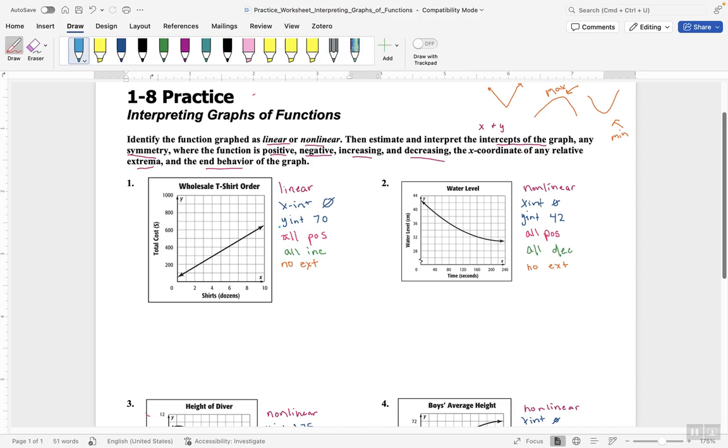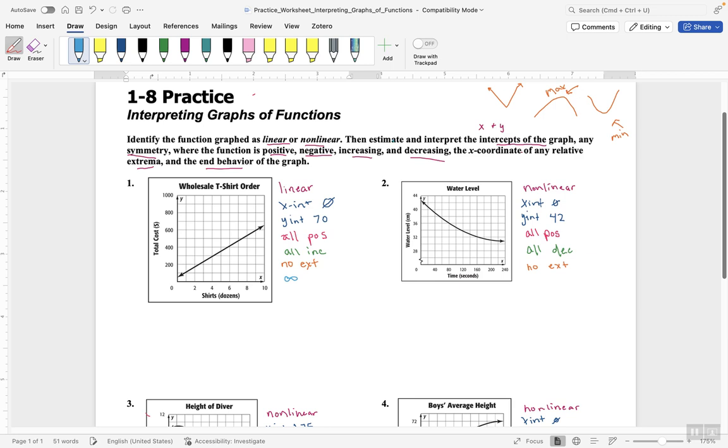That's all we care about in this class, and all we care about is if it's going up or going down. So if this line continued, is it going to go up forever or down forever? It's going to go up forever. So we are going to say the end behavior is positive infinity, because if it were to keep going, that's where it would go.